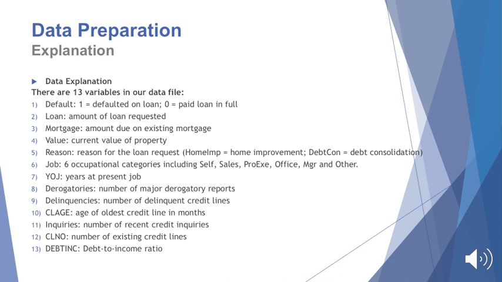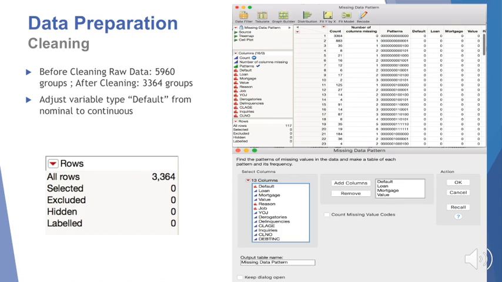We also have the value, reason, job from the customers, and the age of the oldest credit line in months. For these 13 variables, we are going to analyze the data for our prediction data model.